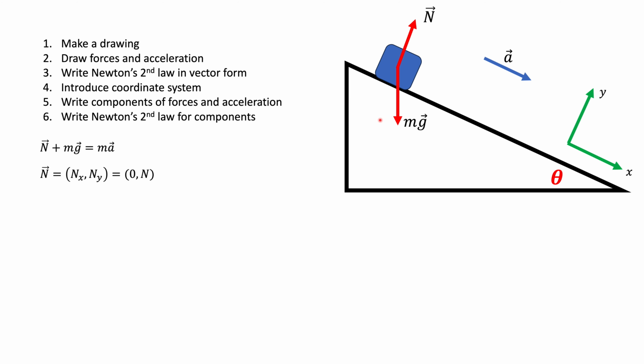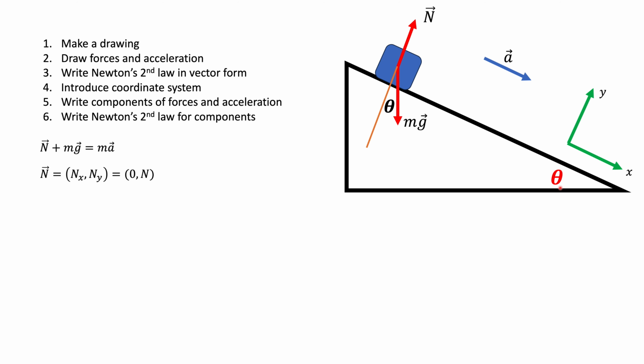To understand what these components are, we need to notice that the angle between the vertical axis y and vector mg is theta, same theta as here. It's the angle of the slope. This follows from the fact that both of these angles, one black theta and red theta, are at 90 degrees to each other.